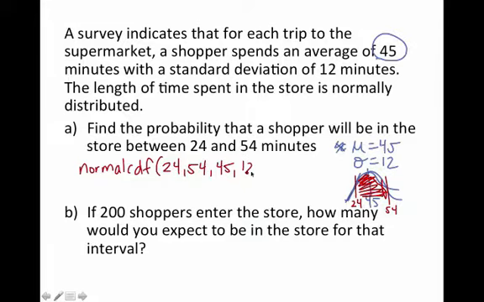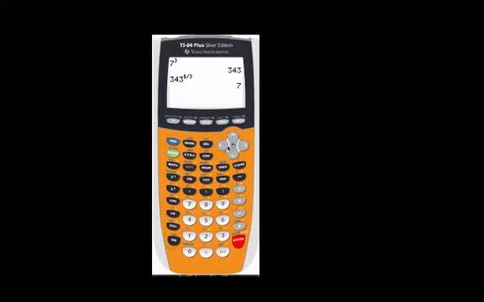So lower boundary, upper boundary, mean, standard deviation. Okay, so here we go. We go second distribution. We go to normal CDF. We do 24, 54, 45, 12.